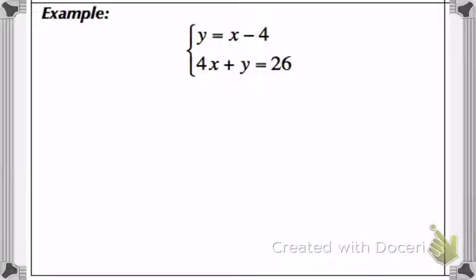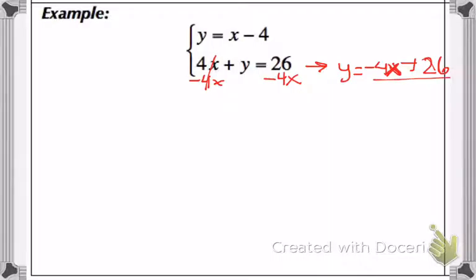Okay, example. The first one is already in y equals mx plus b. The second one is not though. So we're going to take this and subtract the 4x over and convert this one into y equals negative 4x plus 26. Now that 26 right there is exactly the reason why we don't want to solve this one by graphing, because we would have a nasty y-intercept of 26.